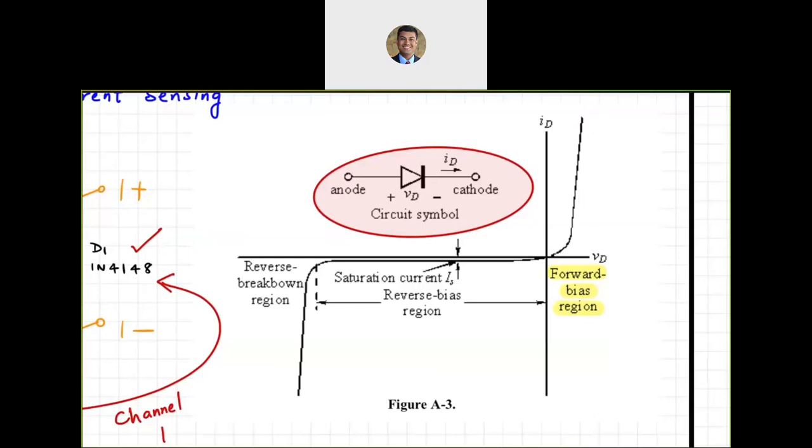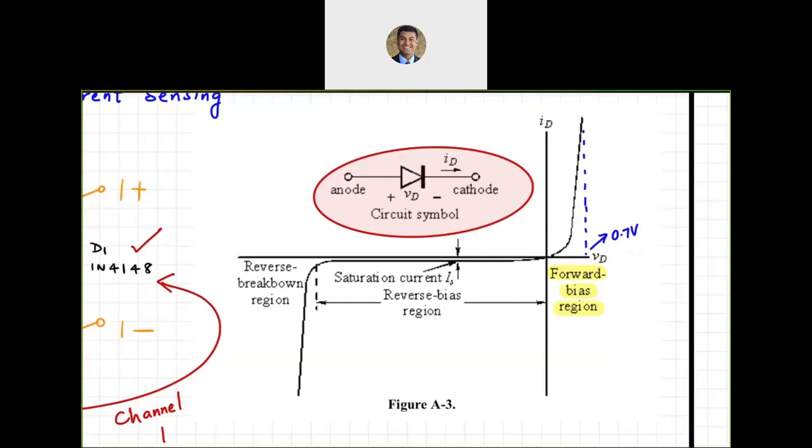Theoretically the current is 0 for a while, but once I reach a particular turn on voltage in the forward biased region, it increases dramatically. A key point is that for diodes, this voltage is around positive 0.7 volts. However, can I achieve a voltage across the diode that is greater than 0.7 volts?